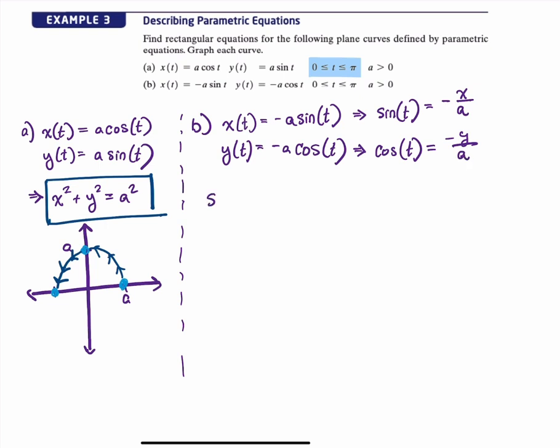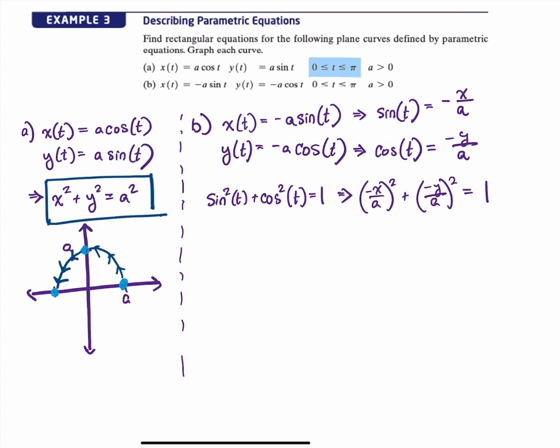Then let's use the Pythagorean identity. Sine squared plus cosine squared should equal 1. So our sine is negative x over a. That will be squared plus cosine squared, so that will be negative y over a squared, will equal 1.